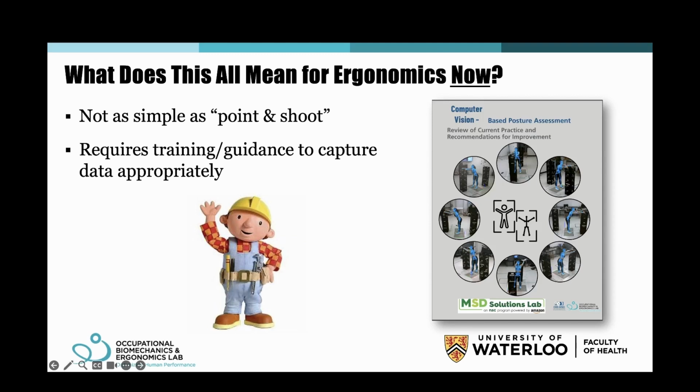Alongside this, part of our goals with the study is to create a best practice guidance document or infographics to help users best understand how to use these computer vision technologies to capture good quality data. Once we have everything wrapped up, we're going to be working on these documents as well, to get the best practices out there.